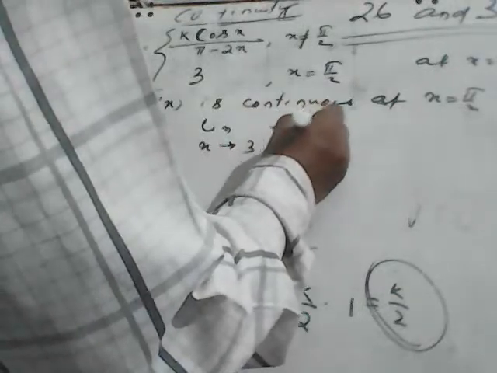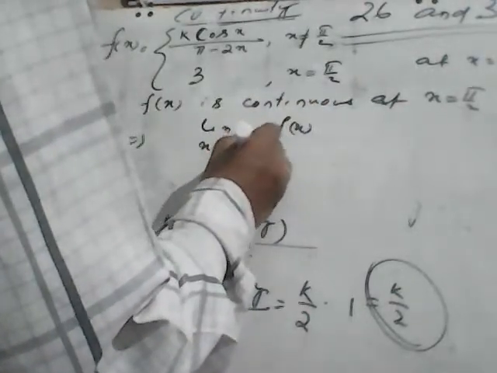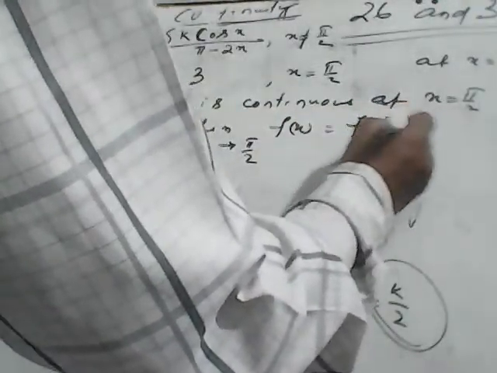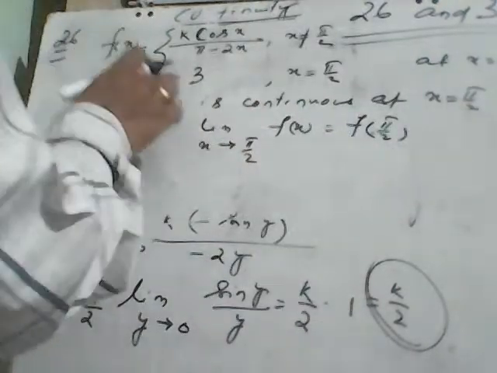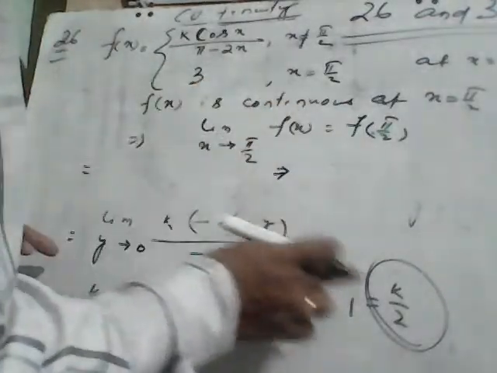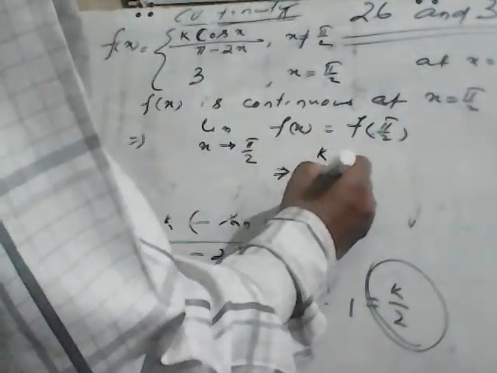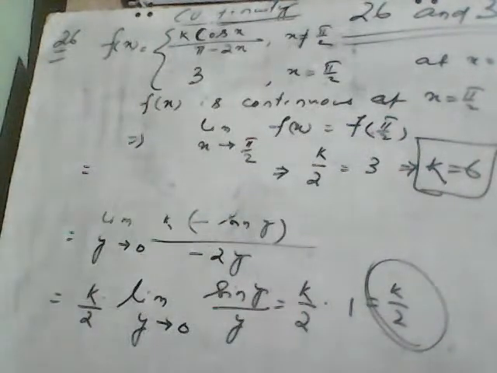This implies limit x approaches pi by 2, f(x) equals f of pi by 2. At pi by 2, f(x) is 3. So this result is k by 2 and this result is 3. So this implies k equal to 6 is your final answer. k equal to 6 is your answer.